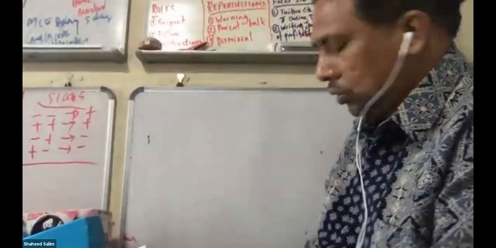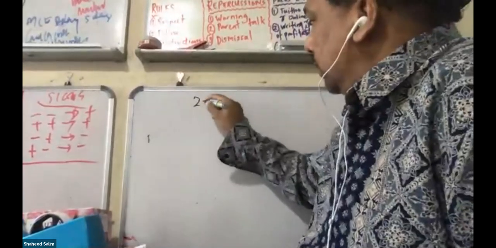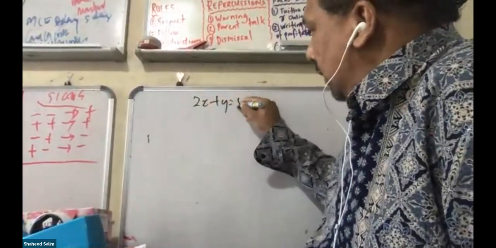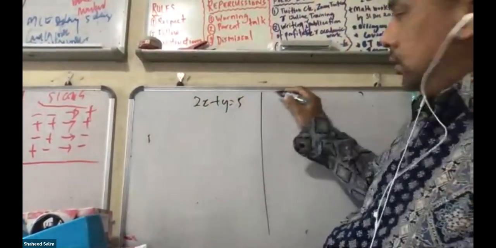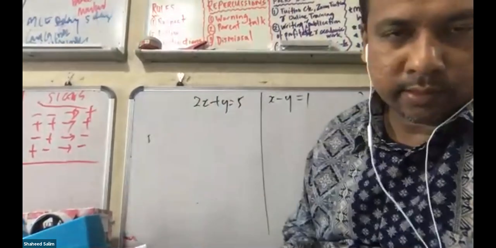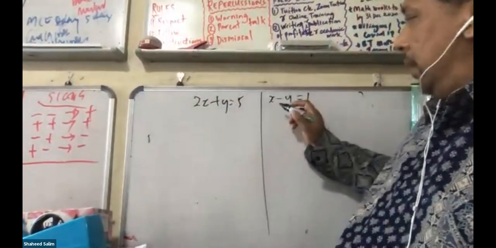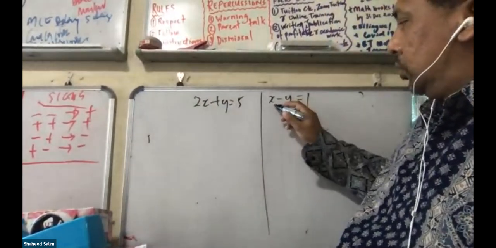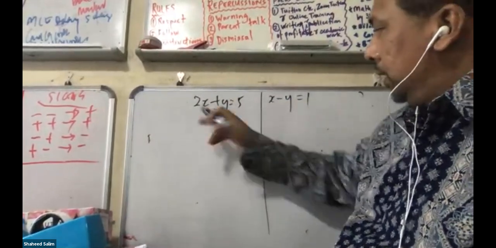You got x equals to 2. You have 2x plus y. So your answer for y is? You just put in now the value of 2, x equals to 2. You can put it here. Which one do you want?